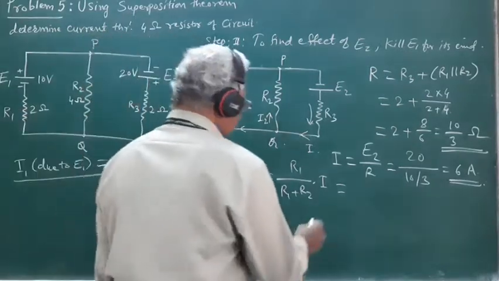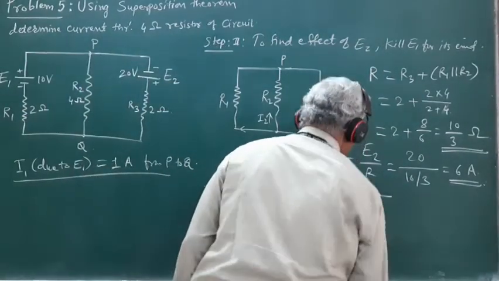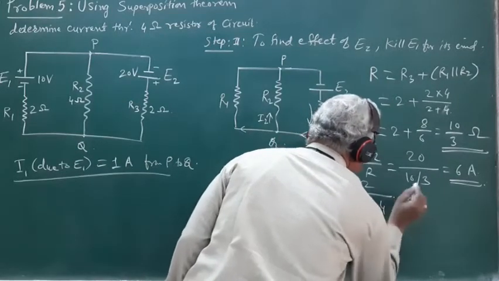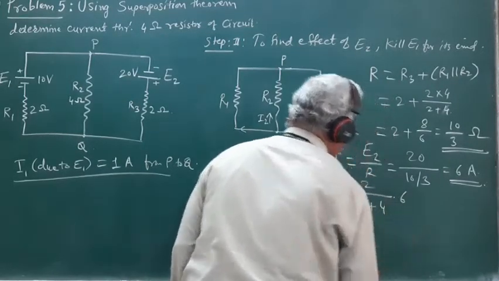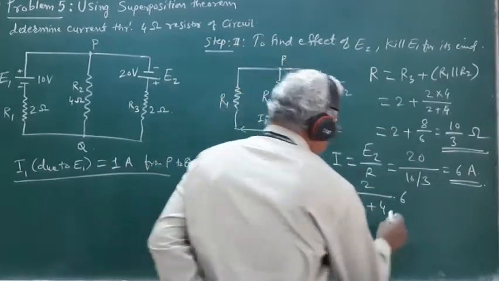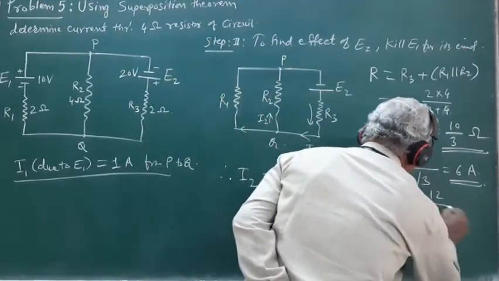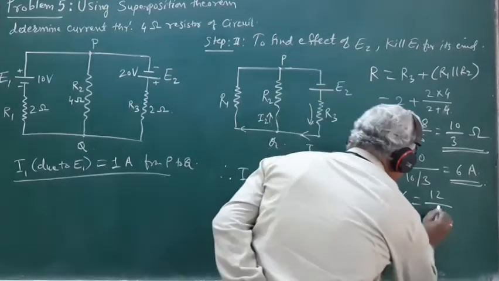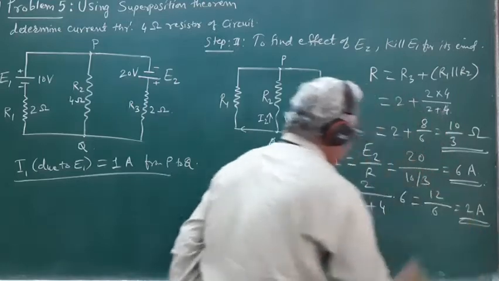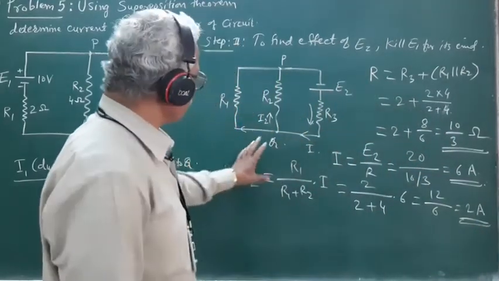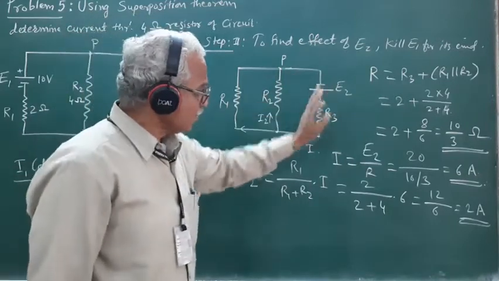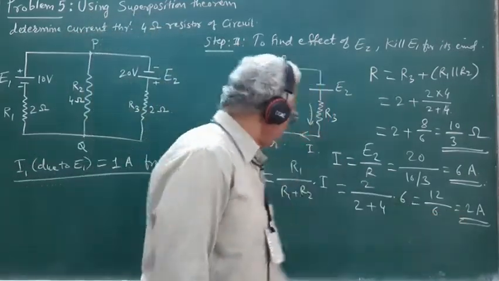So R1 is 2 ohm divided by 2 plus 4 into 6 ampere, the current drawn from the source E2. So this is equal to 12 by 6, so this is 2 ampere. So the current flowing through this resistance R2 due to E2 works out to be equal to 2 ampere.